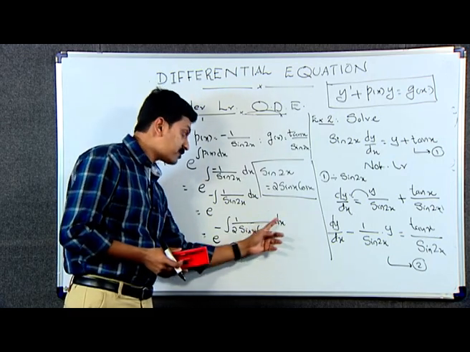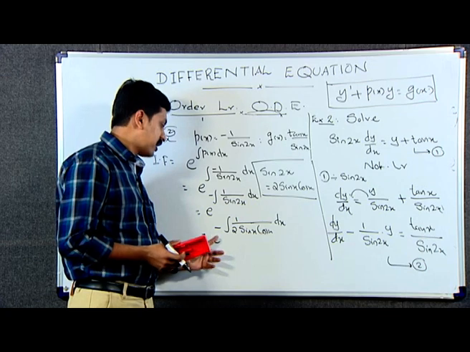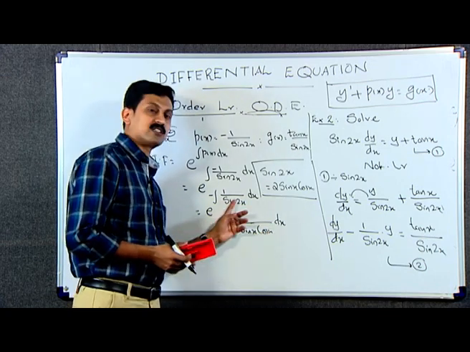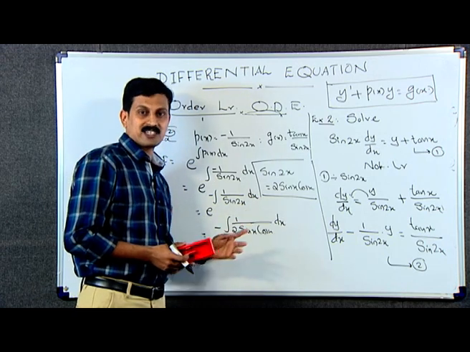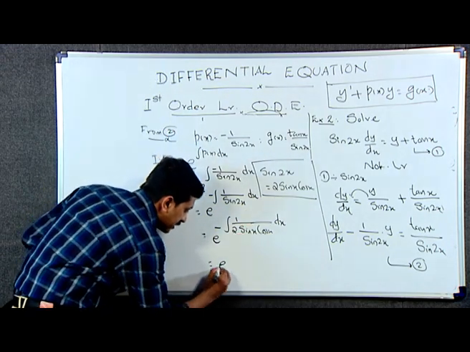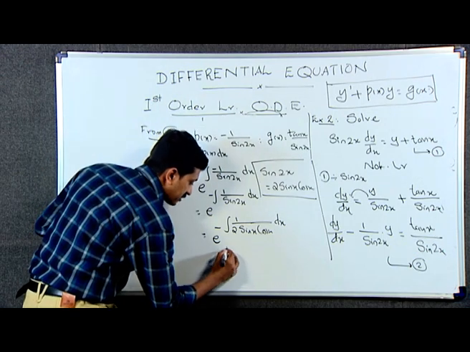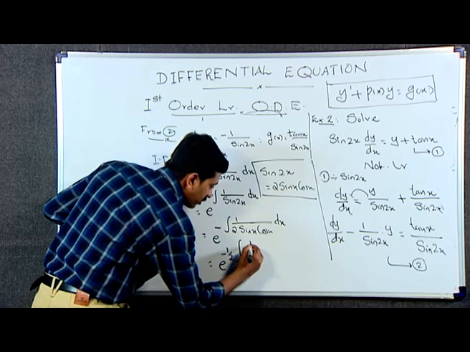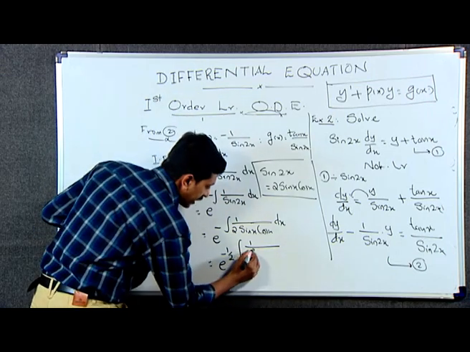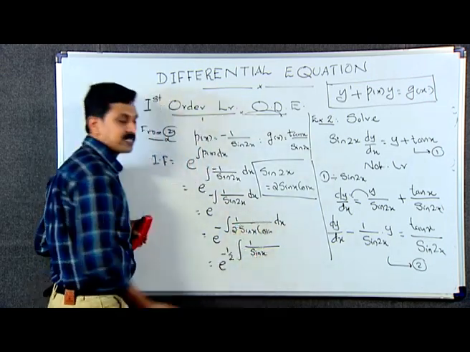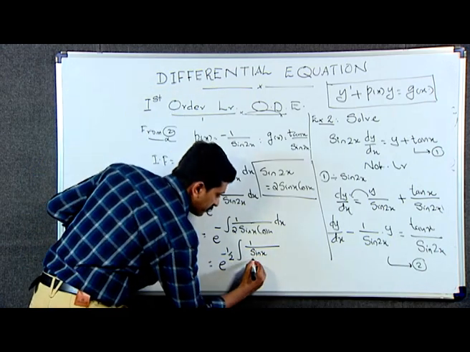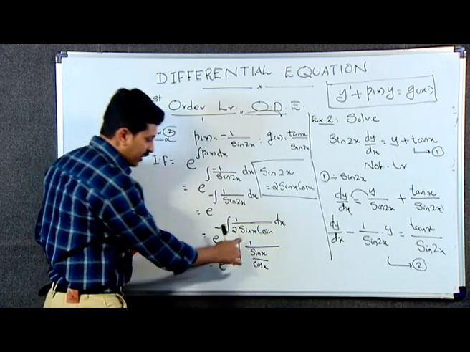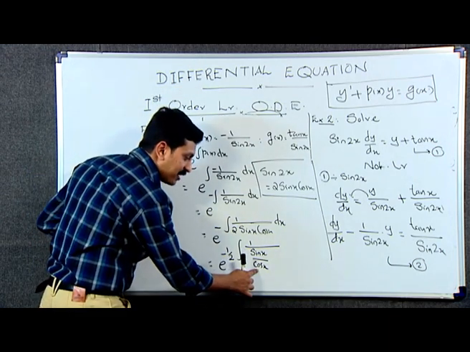That is why we have to convert this into a function suitable for the substitution method. So we can rewrite this as e raised to minus 1 by 2, with the minus 1 by 2 taken outside, times the integral of sin x in the numerator, and I am dividing this sin x by cos x.